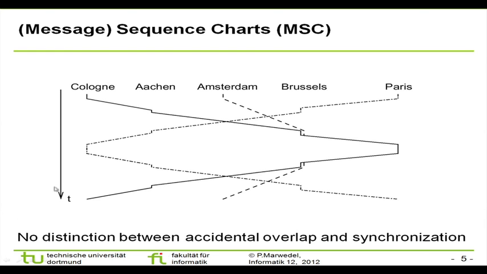Here is the time, and it is showing cities and trains traveling from different cities to another. From Cologne a train starts, okay, it is in Cologne, waiting for a while, it starts and takes some time to come to Aachen, another city.